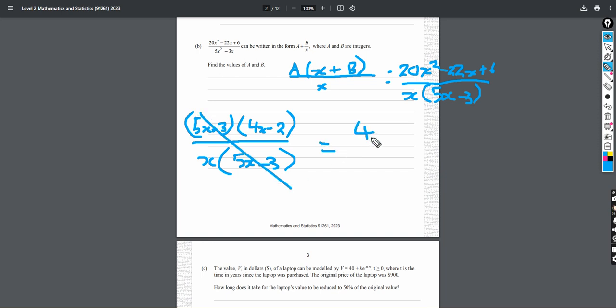So this equals 4x minus 2 on x, which is 4 minus 2 on x. So hence we have our a and our b.